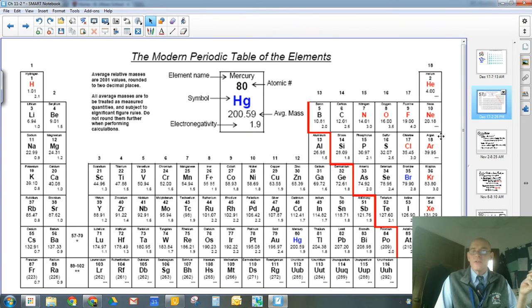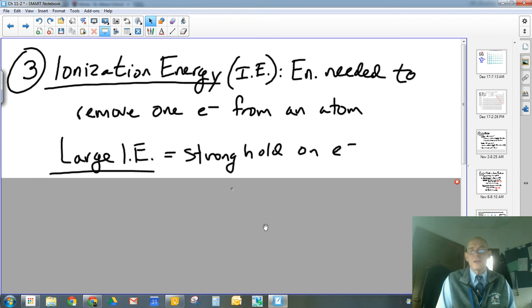The noble gases don't react, they don't give up or take in electrons because they have complete S and P sublevels in their highest principal quantum number. In other words, full valence electron shells. So they have very low ionization energies. I'm sorry, very high ionization energies. They strongly hold on to their electrons.